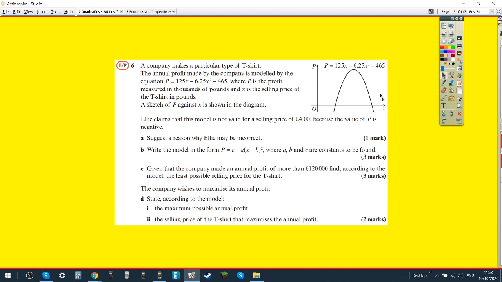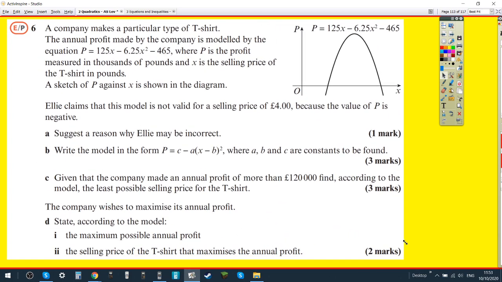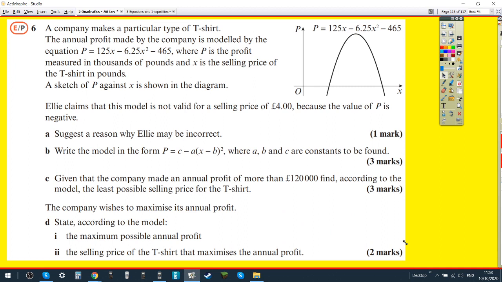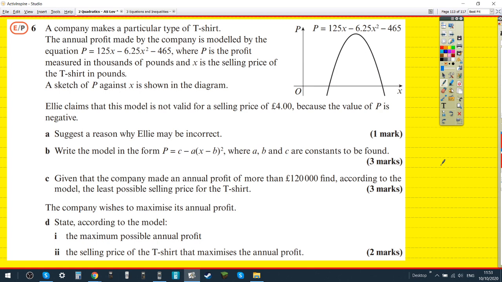So let's just try part B. Okay. So we put it to the calculator to find the roots first. You don't need the roots, but okay. We need the maximum, minimum.